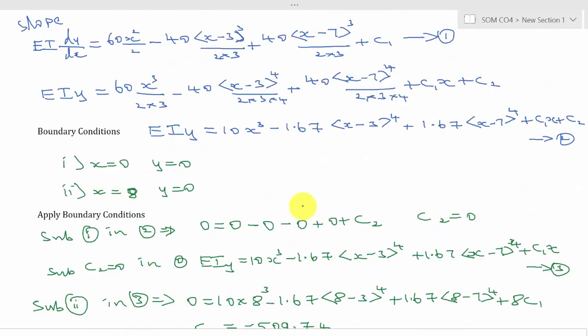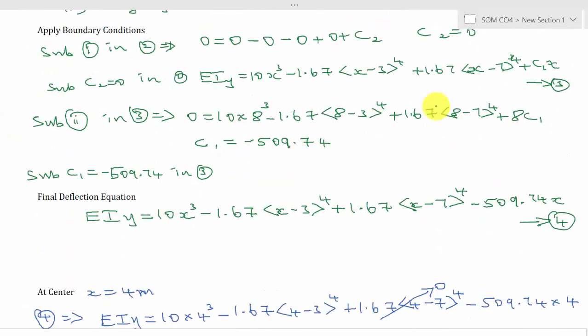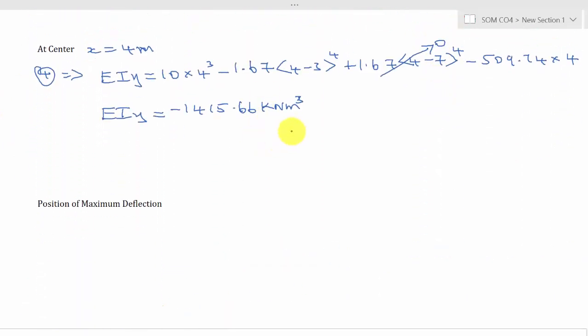Okay, but in the problem the E value and I values are given in mm and Newton. So what I am going to do is convert this kilonewton meter cube into Newton mm cube. So I am going to multiply 10 power 12 with this, into 10 power 12 Newton mm cube. So 10 power 3 for converting kilonewton into Newton and 10 power 9 for meter cube to mm cube.